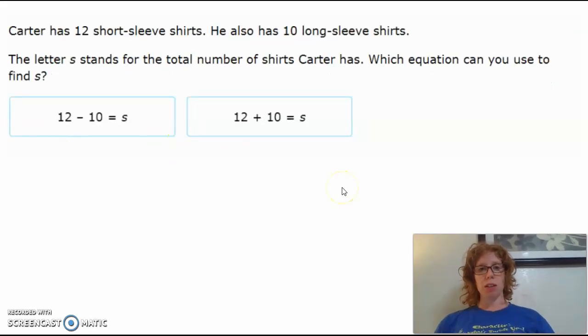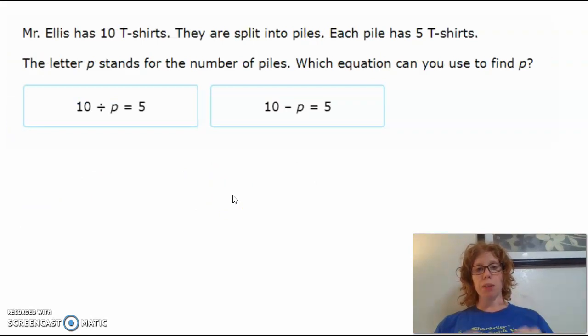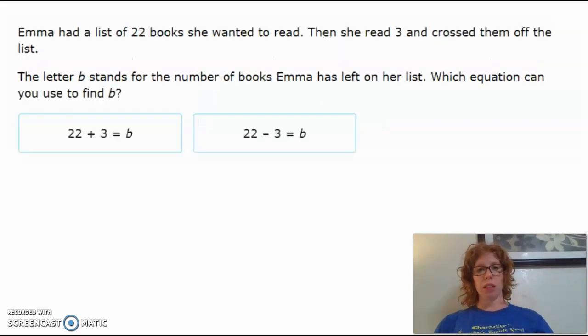In the second one, we were adding the amount of shirts, but we weren't multiplying because we were adding different numbers, 12 plus 10. And the third one, we were dividing because we were splitting the amount of t-shirts that Mr. Ellis had. And then in the last one, we were subtracting because we were taking away the amount.